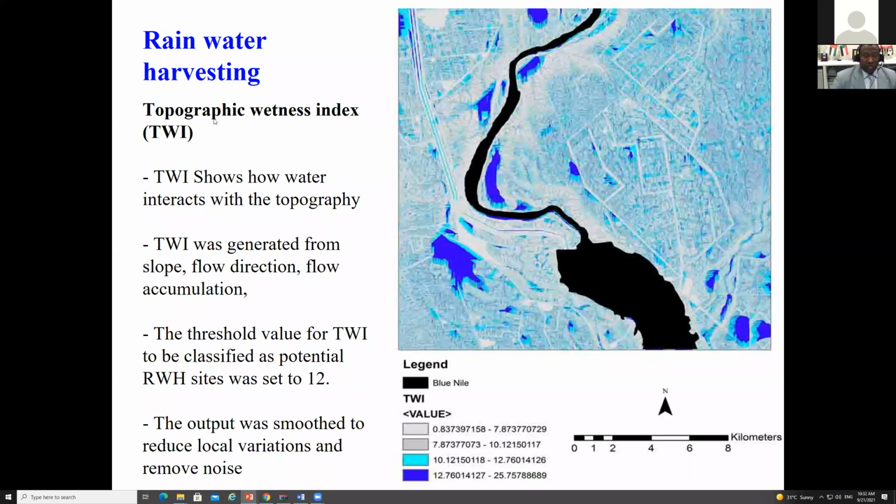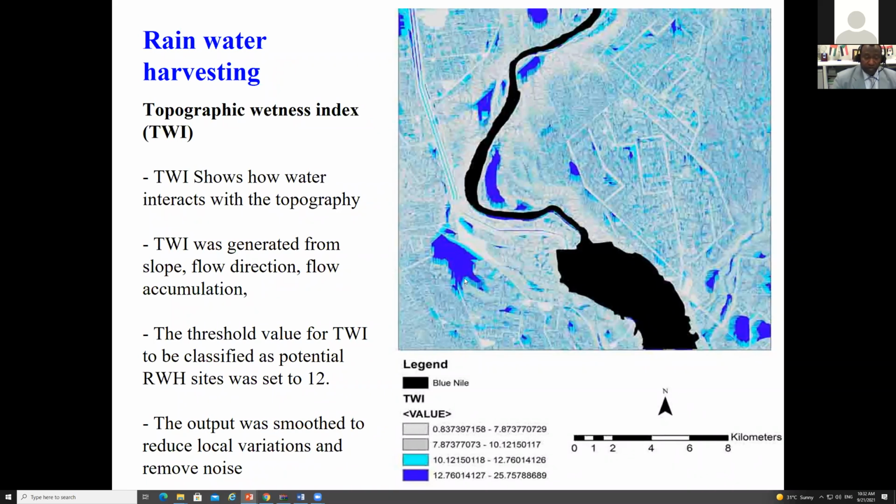We use a well-known index called the Topographic Wetness Index. Maybe you can search online and you will find more detail about it, but it is mainly based on calculating slope, flow direction, and flow accumulation, and then determining the values that could be used as a suitable threshold for rainwater harvesting.